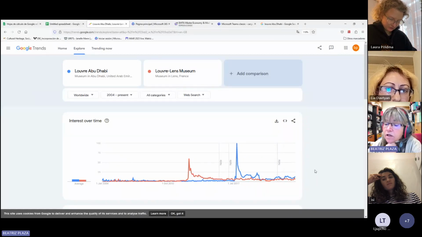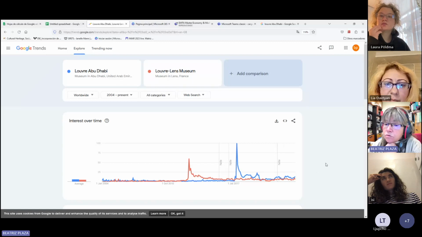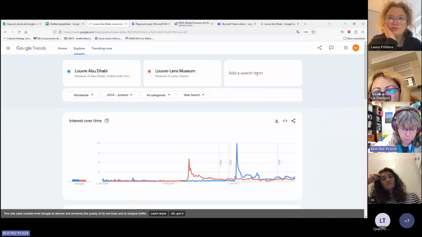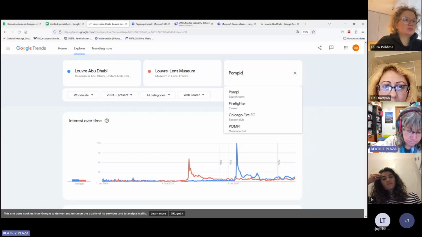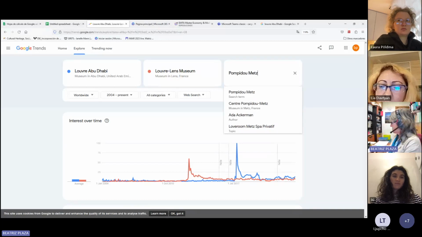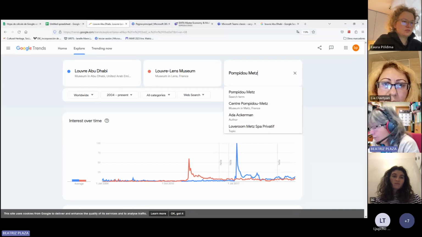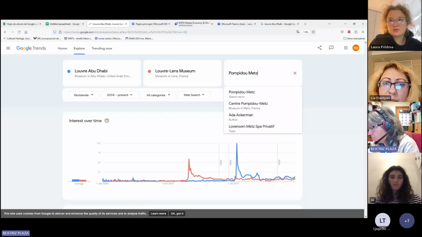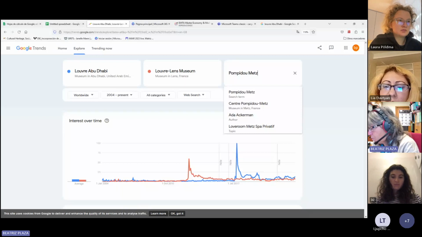Okay. Now we are going to benchmark with Pompidou Metz. Do you know Pompidou Metz? Can you Google for Pompidou Metz, please? Do you know Pompidou? Can anyone tell me about Pompidou?